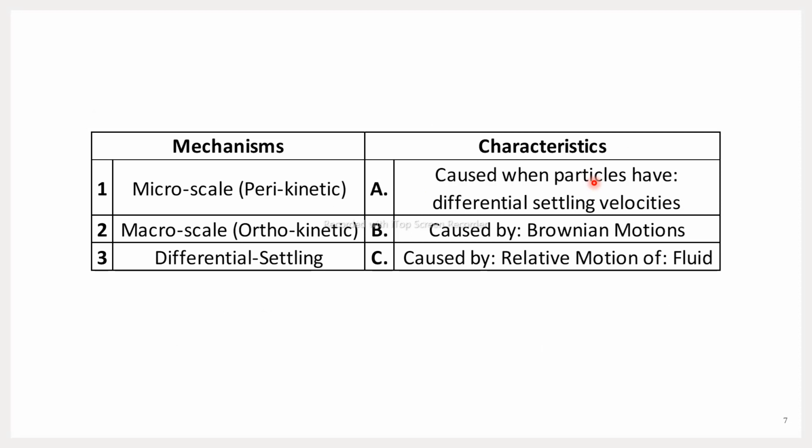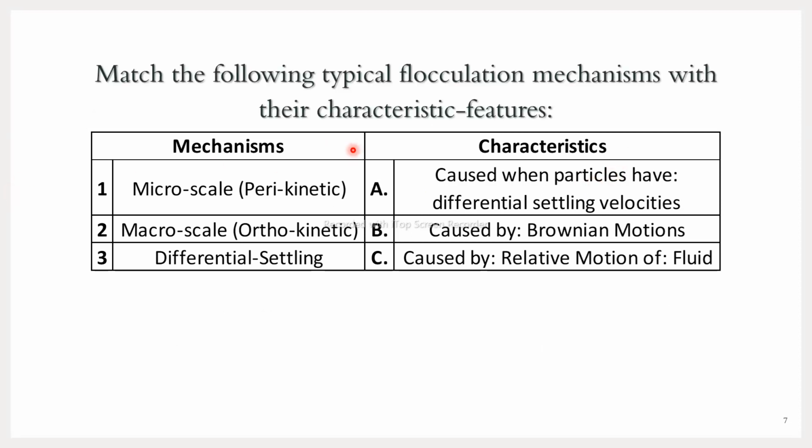Now the next question is about mechanisms and characteristics. You have to match the typical mechanisms with their characteristic features. The mechanisms are: number one is micro scale or perikinetic, number two macro scale or orthokinetic, number three differential settling.